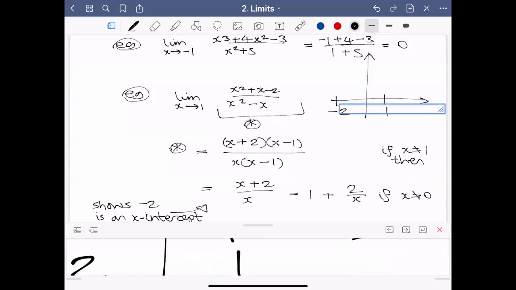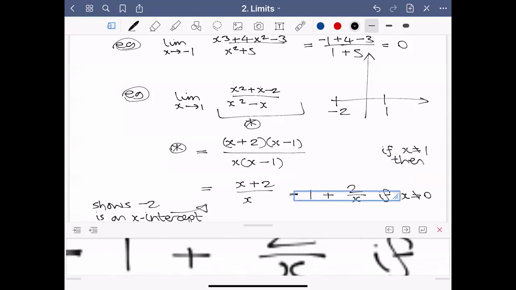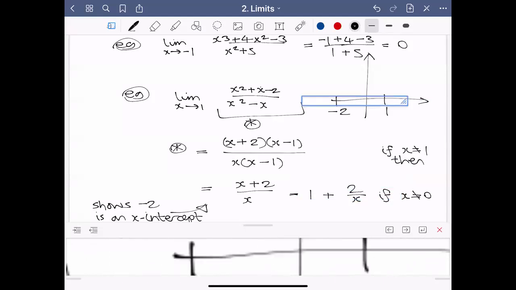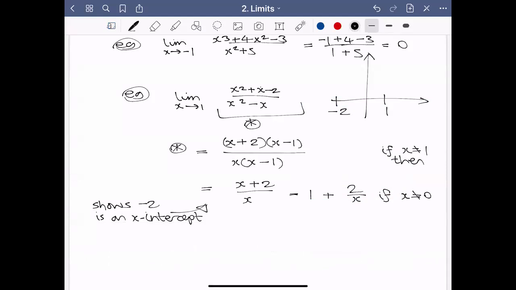So we have to watch out for that. And then the graph of this function, 1 plus 2 over x, well, from what we learned before, it looks like this. That's right, yes.